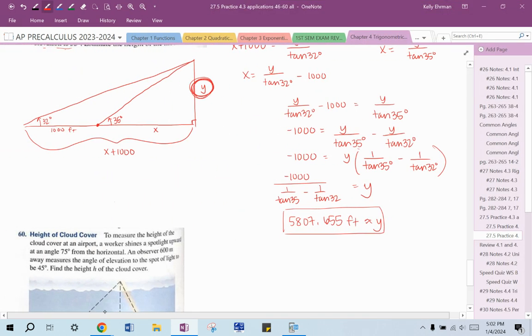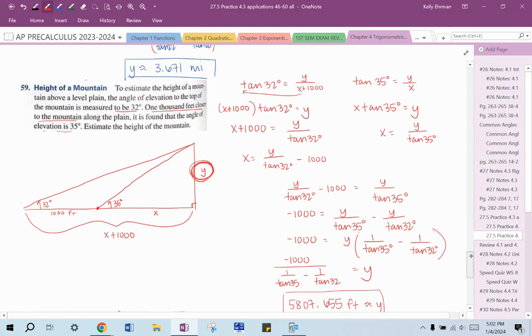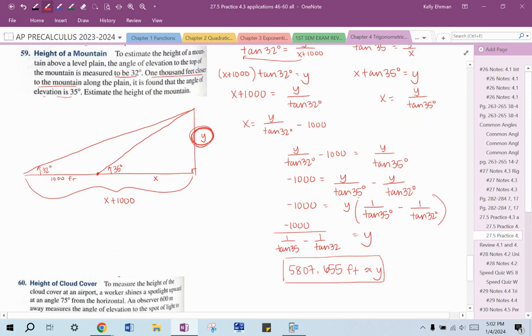Just for time's sake, I'm not going to solve this the other way. But remember, you could have set these equations equal to each other. I'll give you the first step here. Distribute that tangent through. I did not leave myself enough room.